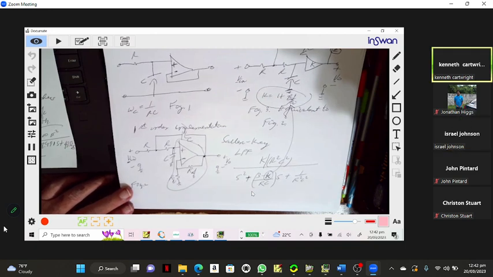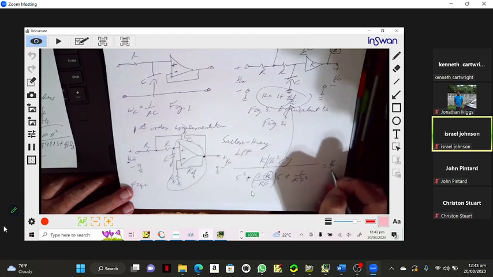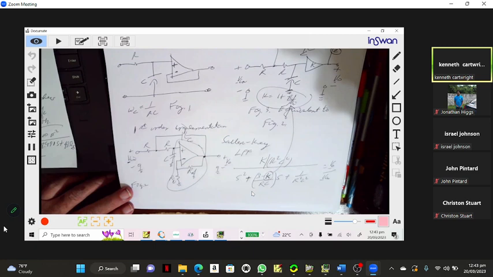Yes. The circuit in figure 2 is called a Sallen-Key low pass filter. And the working on the side of that is the transfer function for that circuit.